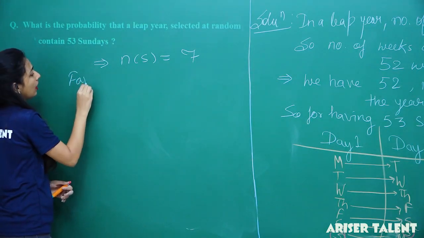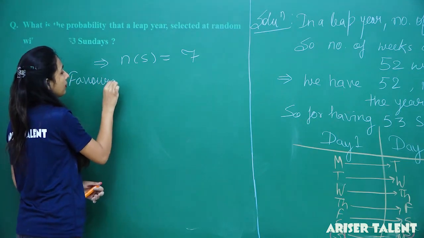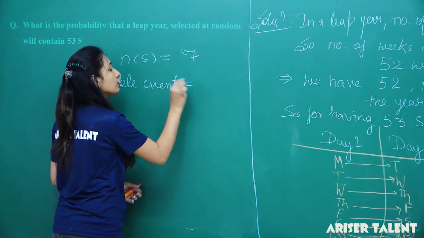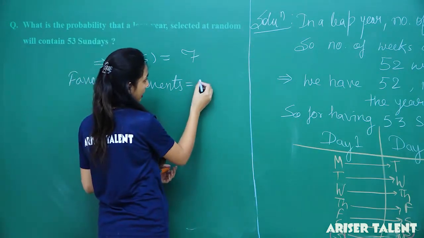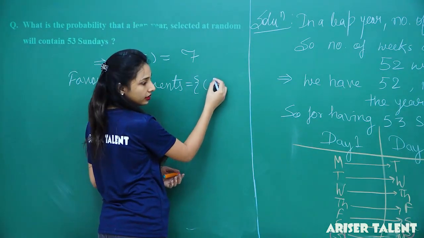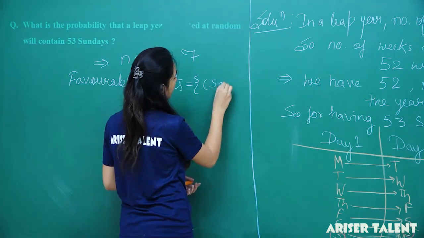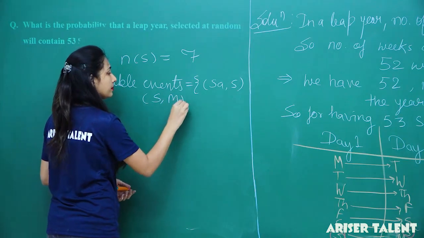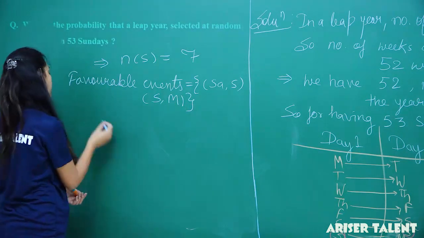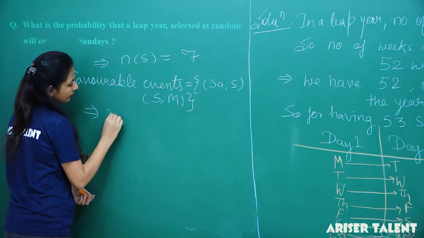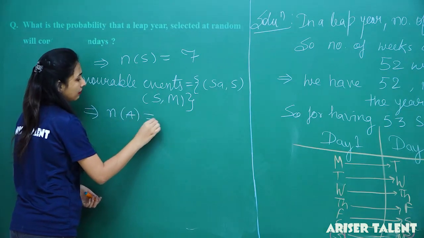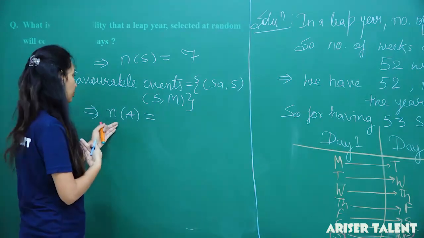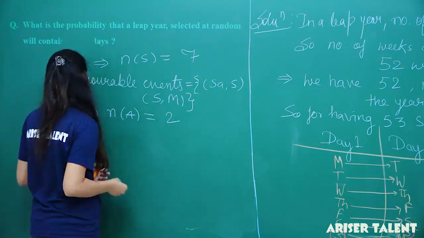Favorable outcomes or favorable events: if you look carefully, that is Saturday-Sunday and Sunday-Monday, only 2. So this implies that N of A, I am assuming that to be event A, N of A is equal to 2.